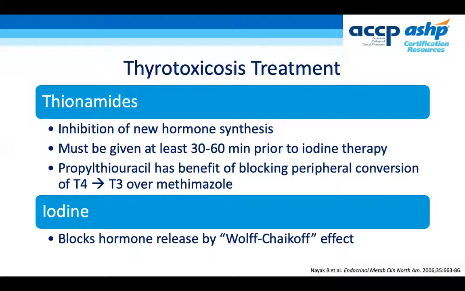If you gave iodine first, you would actually provide material for the formation of more thyroid hormone, which we would not want in these patients. So it's important to give these thionamides well before the iodine is given. When comparing propylthiouracil and methimazole, propylthiouracil does have the benefit of blocking the peripheral conversion of T4 to T3 over methimazole, so it may be a little more beneficial in these acute thyrotoxicosis patients.